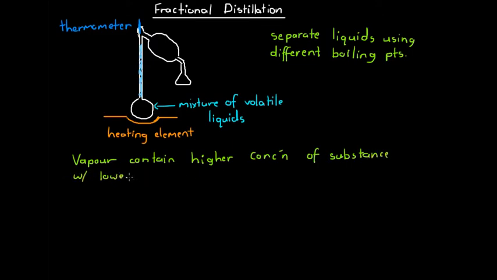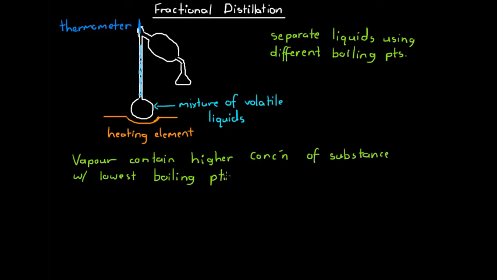So if we have say three different substances, A, B, and C, and they're all volatile, and we heat those three substances, then we'll say that substance A has the lowest boiling point, which means it evaporates at the lowest temperature.